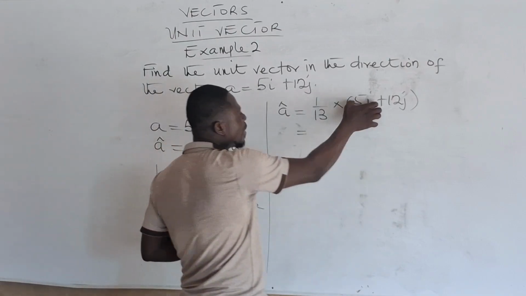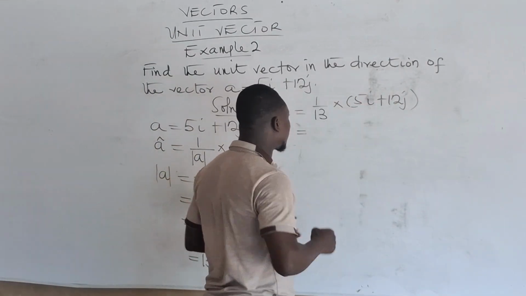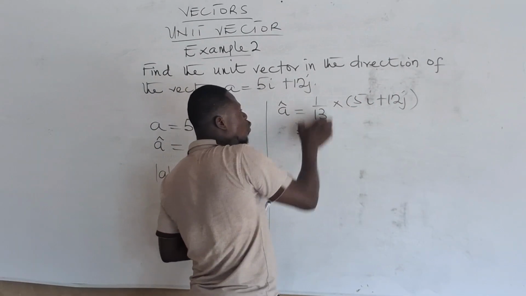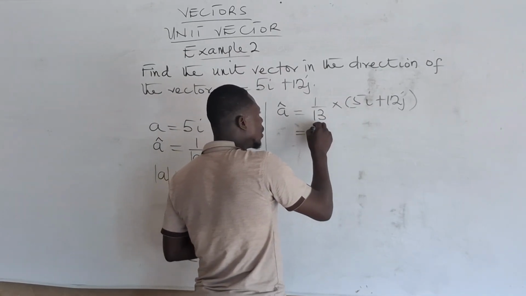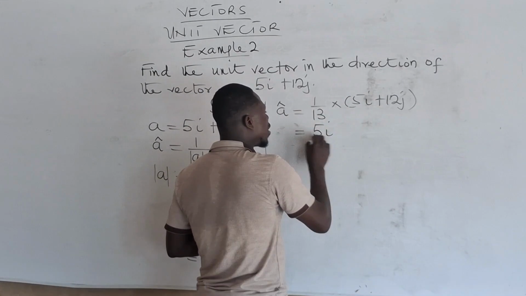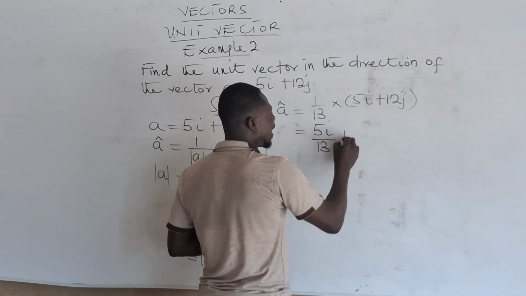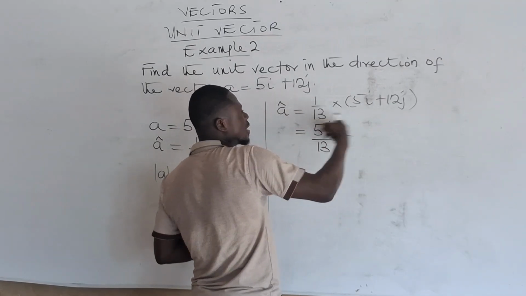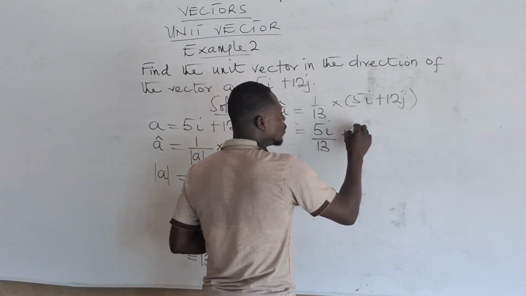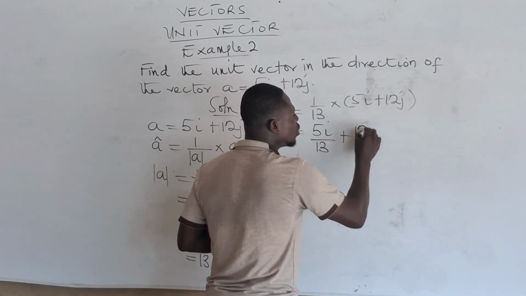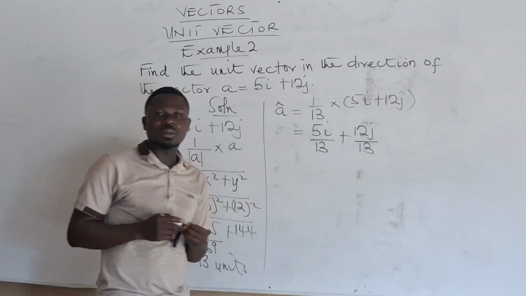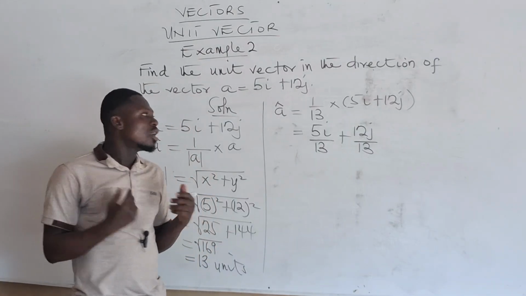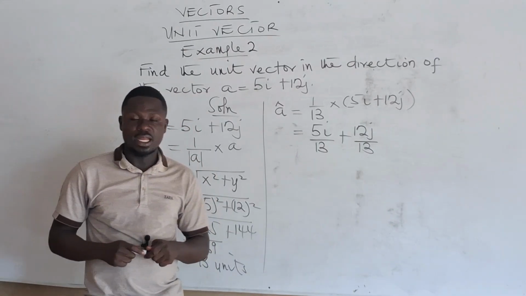So you multiply by the first one and also by the second one. Multiplying 1 on 13 by 5i will give you 5i on 13, plus multiplying this by the 12j will be 12j on 13. So this becomes the unit vector of vector A.